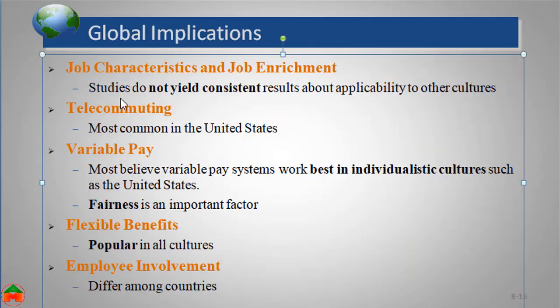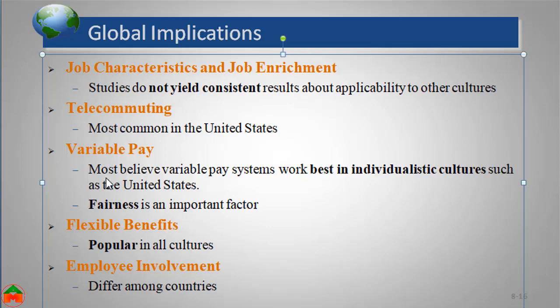To motivate the employees, we need to understand the job characteristics, and we can ensure job enrichment and job rotation. We can apply telecommuting, variable pay, flexible benefits, and employee involvement. The research shows that there are no consistent results from applying job enrichment across cultures. And telecommuting is a commonly applied method in the United States.